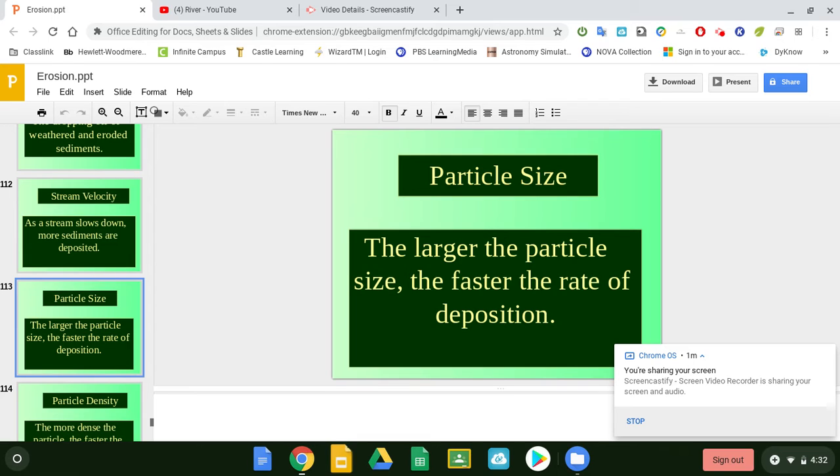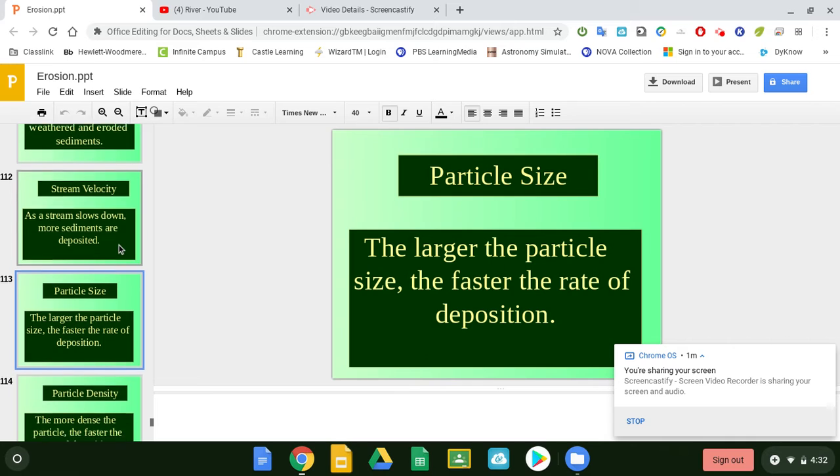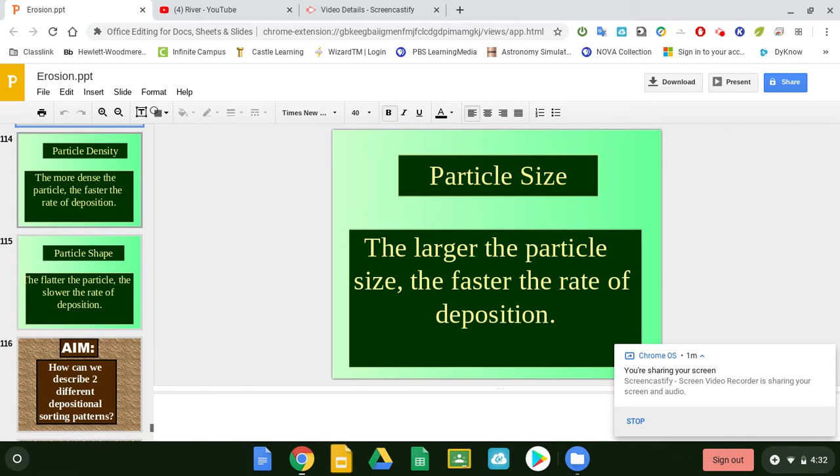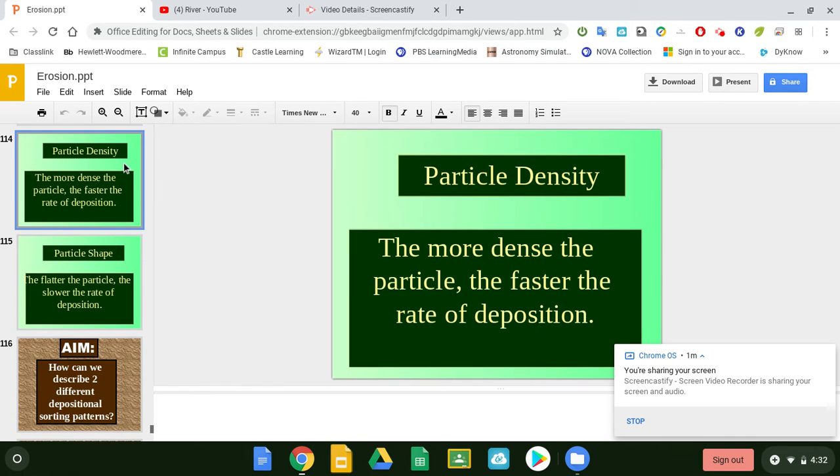So you should start thinking about something that we've talked about before when we talked about different types of sediment in the ground. Density. The more dense a particle is, the faster it will deposit. If you think about it, if something is less dense than water, it's not going to deposit at all. It'll float. And the shape.